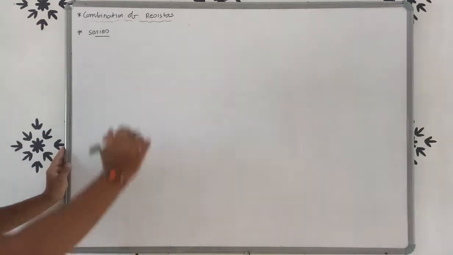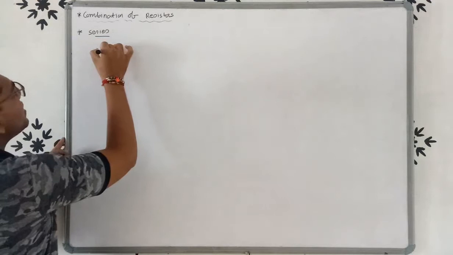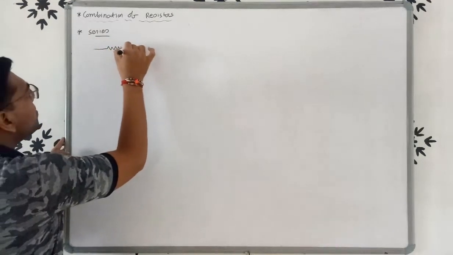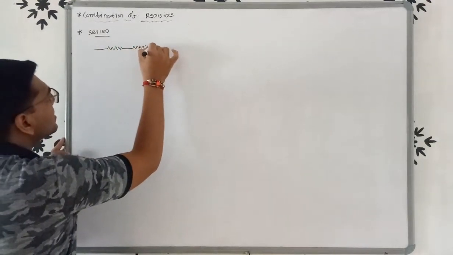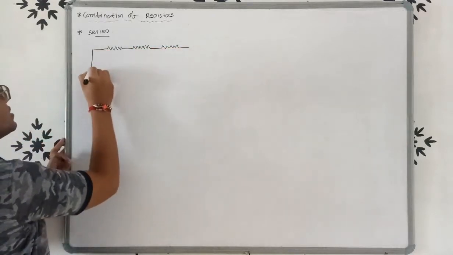Here in series combination we connect the resistors in such a way that the current passing through these resistors is the same. The series combination is like this.